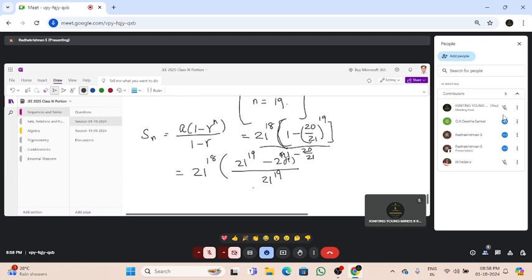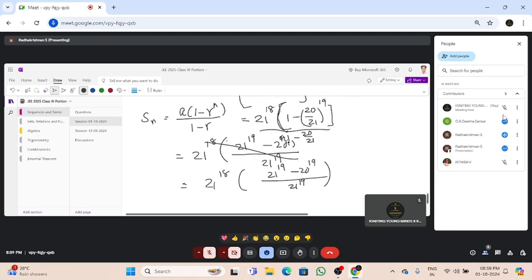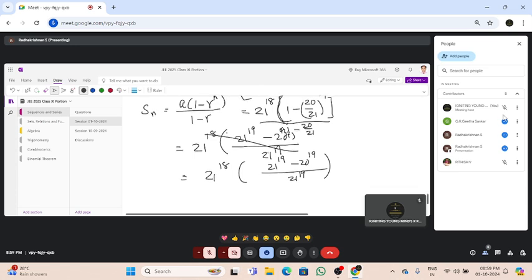Simple LCM, so 21 to the power of 18. The numerator is 1 minus 20 power 19 by 21 power 19, right? Taking 21 power 19 below, the numerator becomes 21 power 19 minus 20 power 19. The denominator is 1 minus 20 by 21, that is 1 by 21, right?